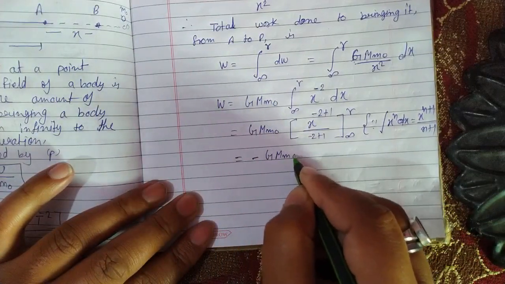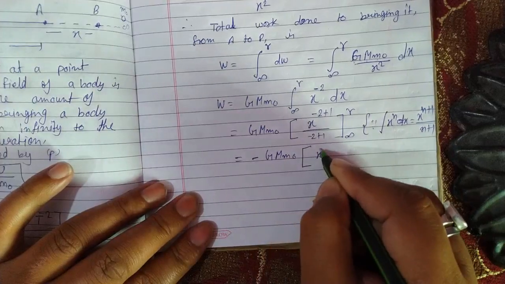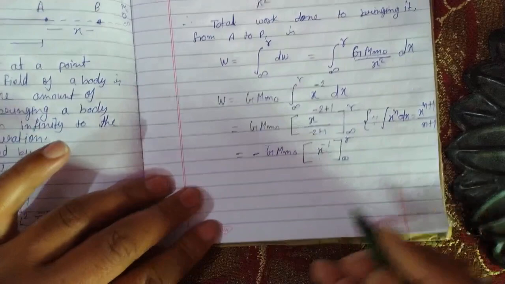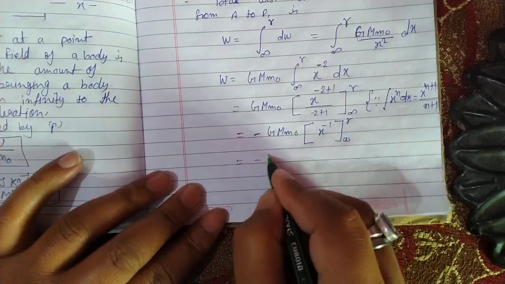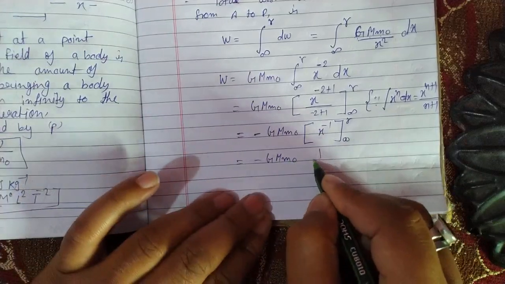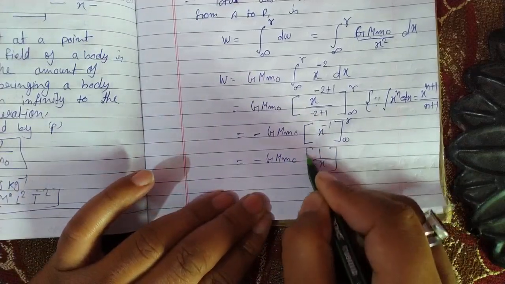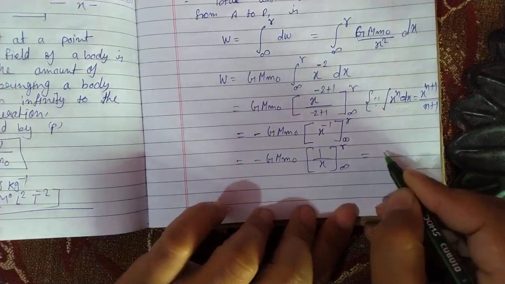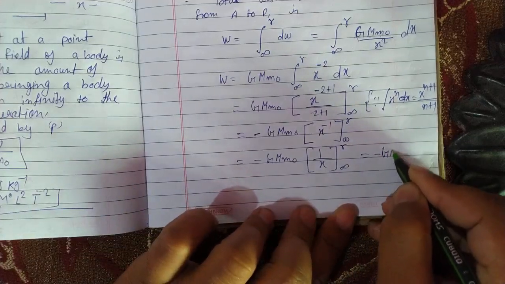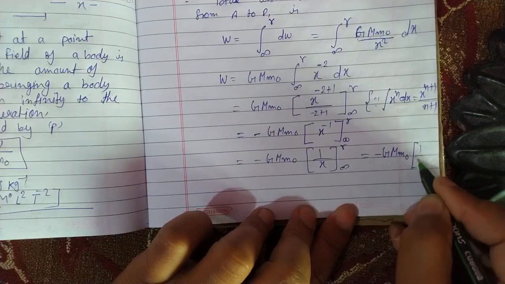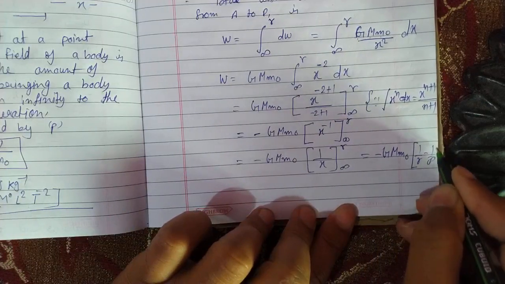So this we get minus G m m0 upon x to the power minus 1 from infinity to r, that is minus G m m0 times 1 upon x from infinity to r. That gives minus G m m0 times 1 upon r minus 1 upon infinity.